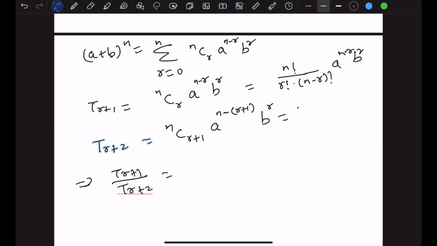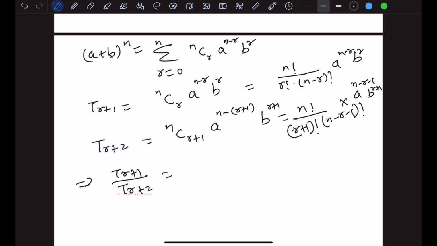Similarly, this thing can be written as n factorial over (r plus 1) factorial, and this is (n minus r minus 1) factorial, into a to the power n minus r minus 1 and b to the power r plus 1.